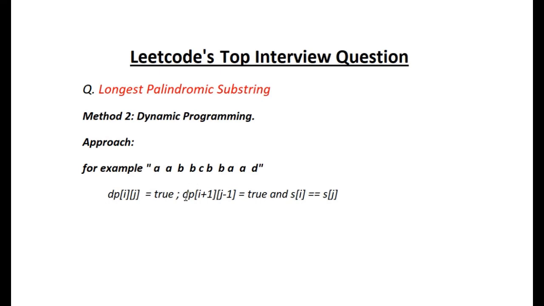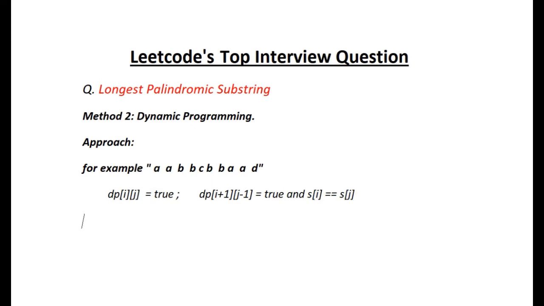So this would be our recurrence relation. dp of I j would be true only if dp of I plus 1, that is the letter next to the starting letter, and the letter ending at j minus 1 is true, and s of I is equal to s of j.